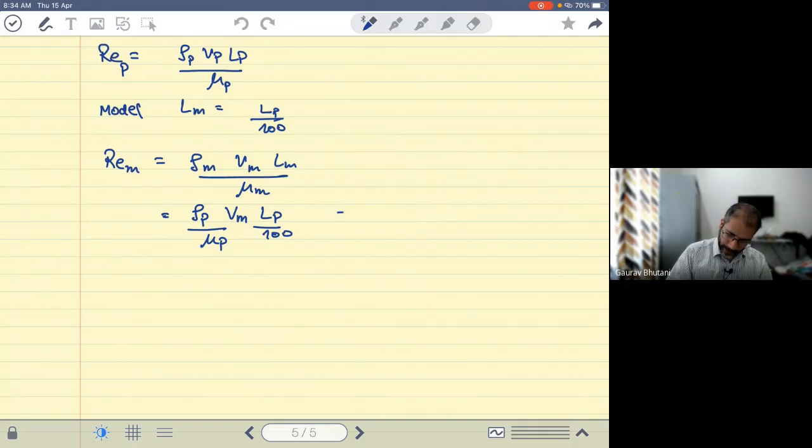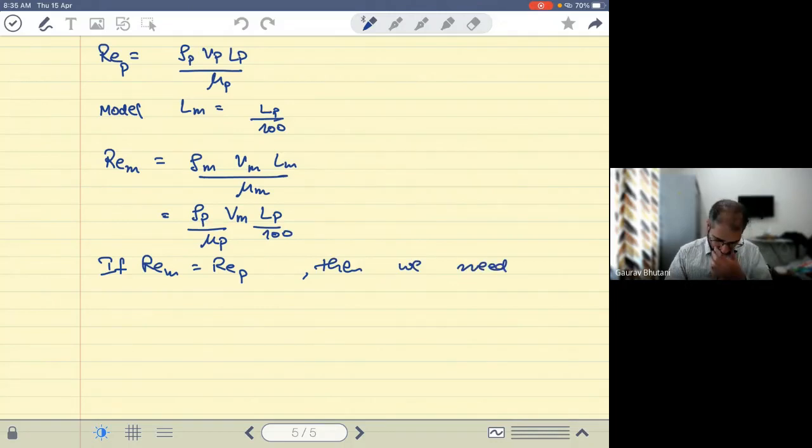Okay. So what we see is that if we need Re model equal to Re prototype, then we need V model equal to V prototype times 100.